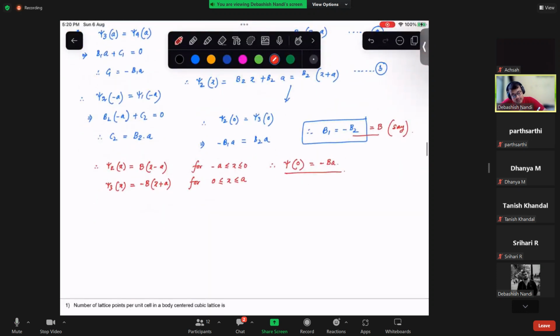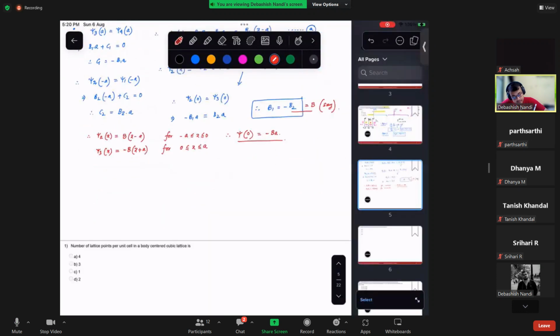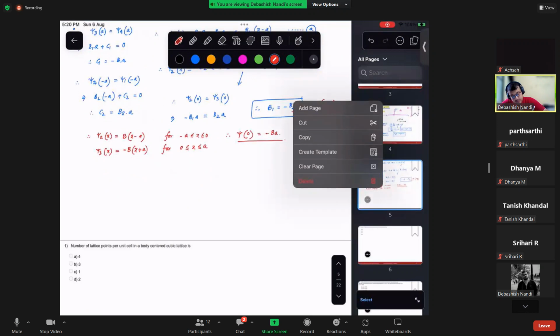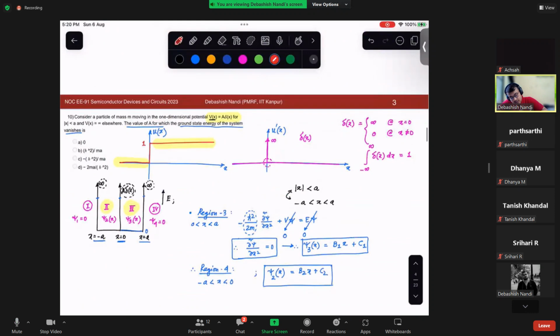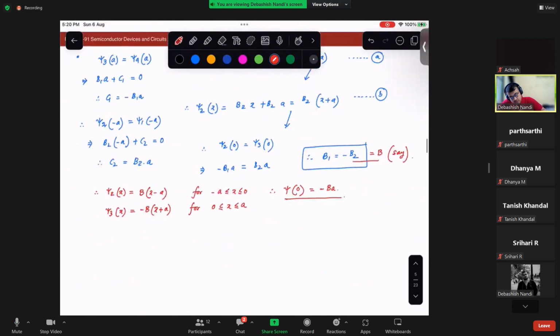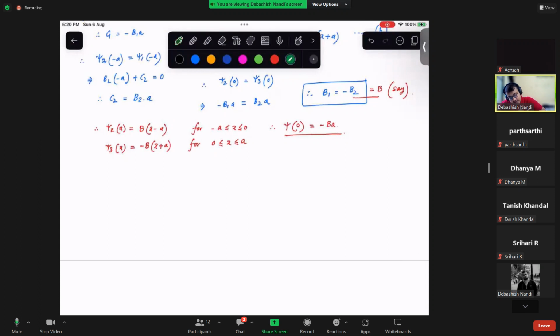Then what is the next step? We were asked to find out the value of this a, right? So what will you do? We will write the Schrodinger equation again: minus h bar square by 2m d square psi by dx square plus V of psi equal to E of psi.